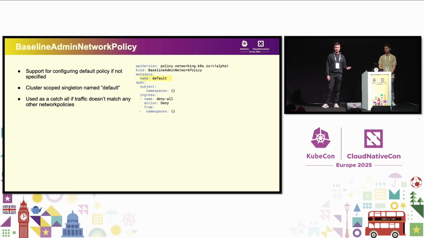Baseline admin network policy, this is another one. This is for that default deny. It's a global resource named default, but it allows you to define what happens if you don't have a network policy that applies to your traffic. They're actually looking at combining these as they go to beta, but it exists now.